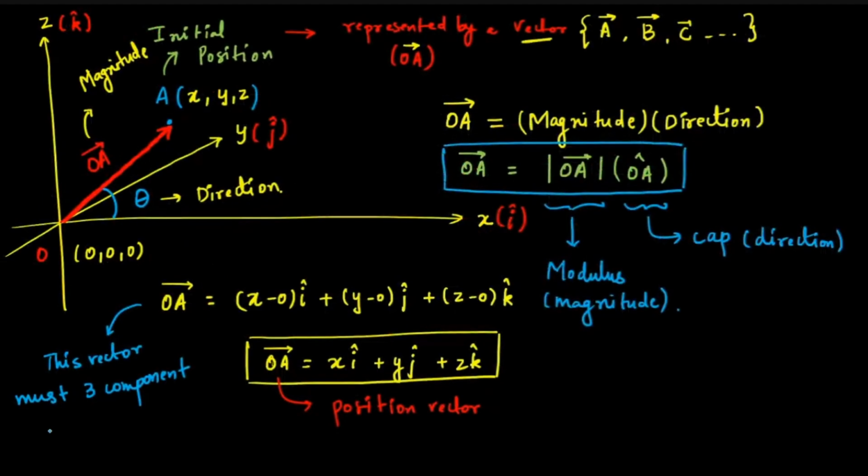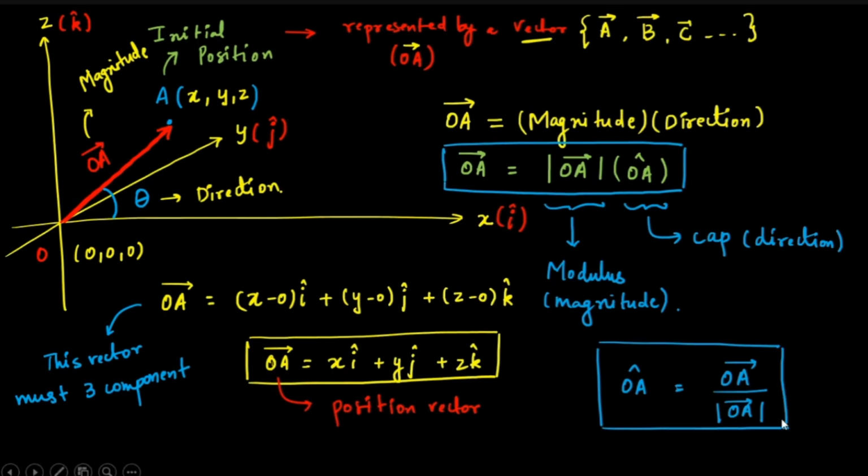So if you look at this particular relation once again, can I say that OA cap is OA vector divided by OA vector's magnitude? Yes, I can say that. So this OA cap is going to represent the direction here.